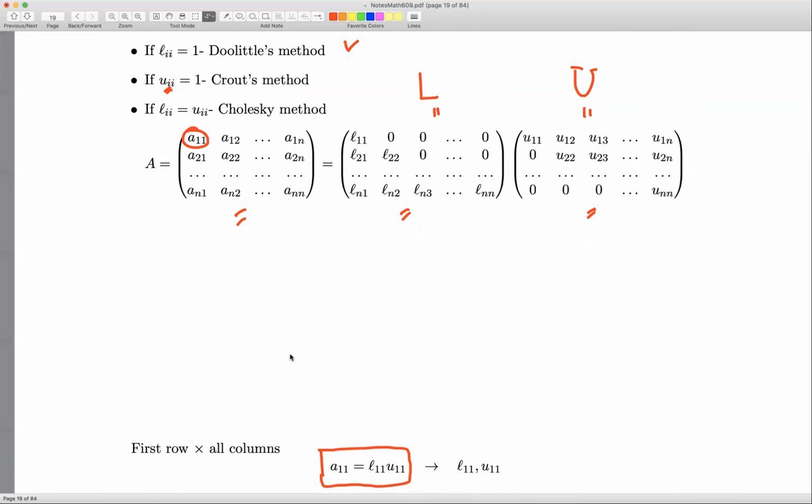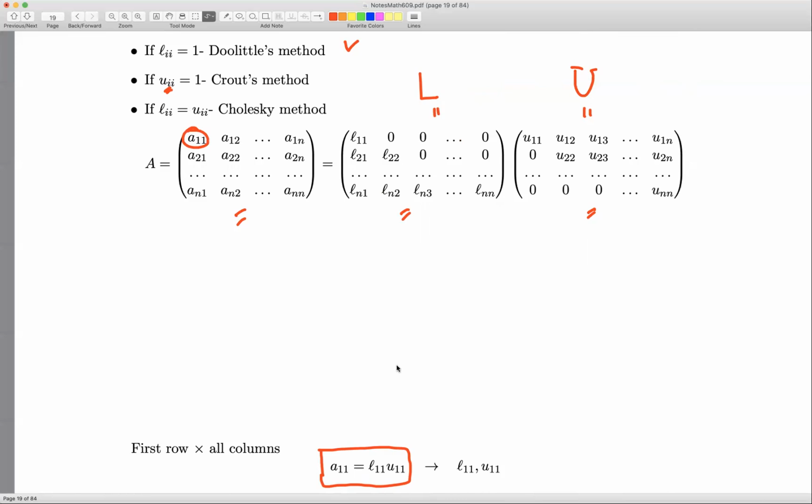So either we can put L11 equal to 1, or we can put U11 equal to 1, or we can solve it such that L11 equals U11, and then both of them will be equal to the square root of A11. You see that at this stage, and this will happen at every such stage, as we will see, L11 and U11 are not determined uniquely, because they satisfy only one relationship for the two unknowns.